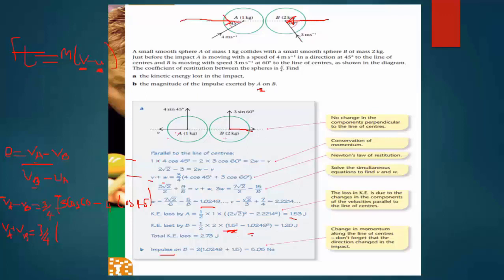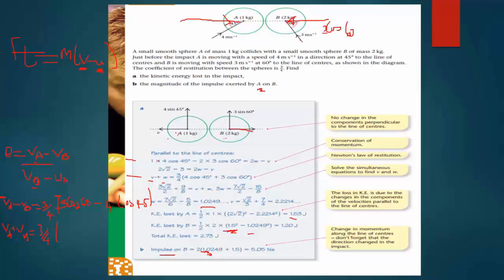So we have a positive here, 1.0249. Then minus initial velocity. Initial velocity was 1.5. As you can see here, initial velocity was 3 cos 60. So now na resolve hapa horizontal. Initial velocity was 3 cos 60, half times 3 ni 1.5. But remember ilikuwa inaenda to the left, kwa inakuwa negative. Kwa negative 1.5, kwa inakuwa plus 1.5.